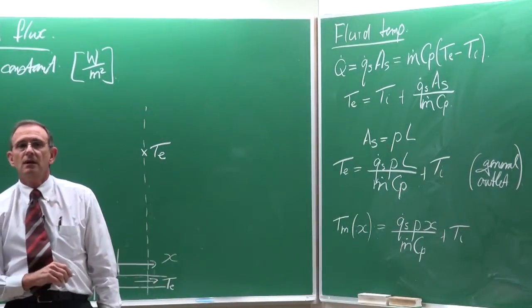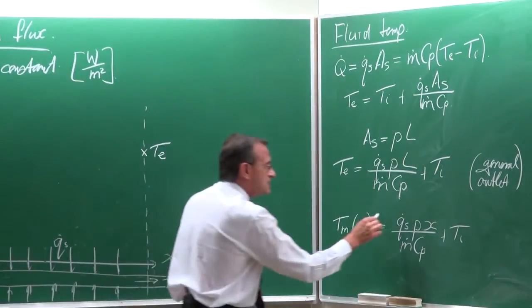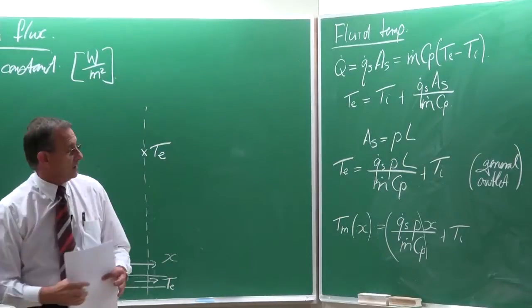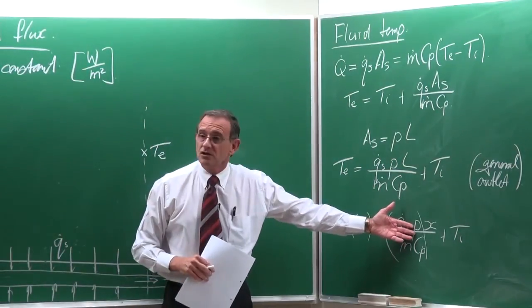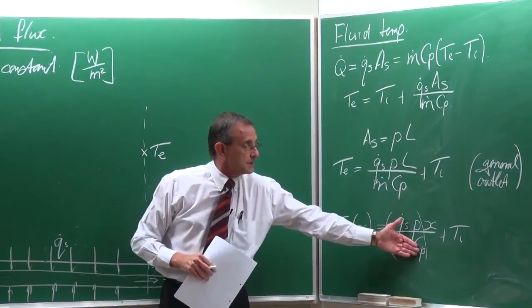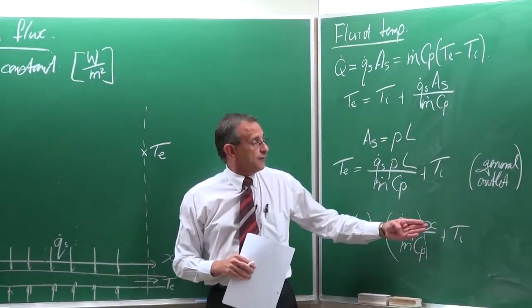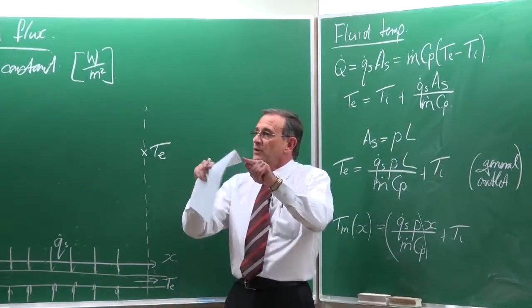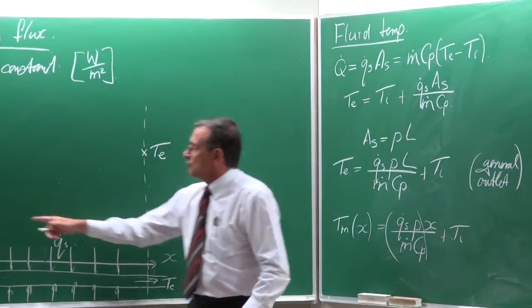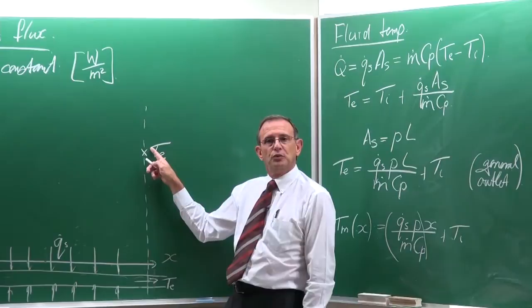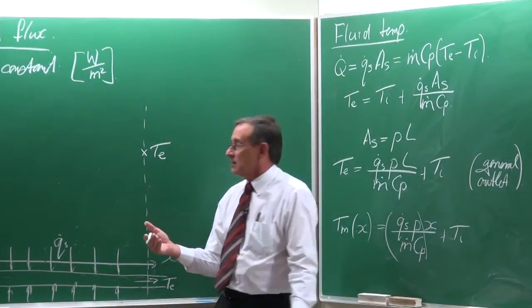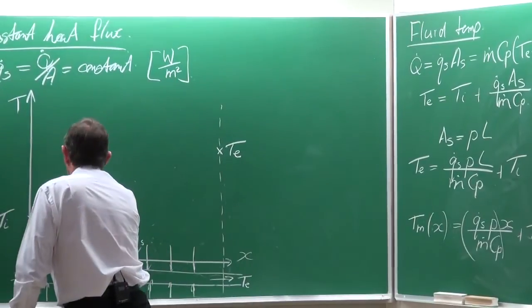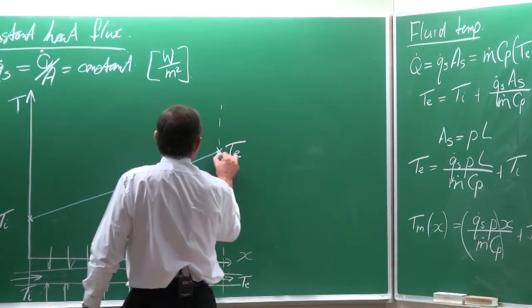Okay? And what do you see there? You'll see the equation of a straight line. This is a constant, the perimeter is constant, the mass flow rate is constant, and Cp is constant. So for different values of x, we can go and plot the fluid temperature right through the tube, and it's a linear line. So it means that for the constant heat flux, the temperature increase is going to be linear.